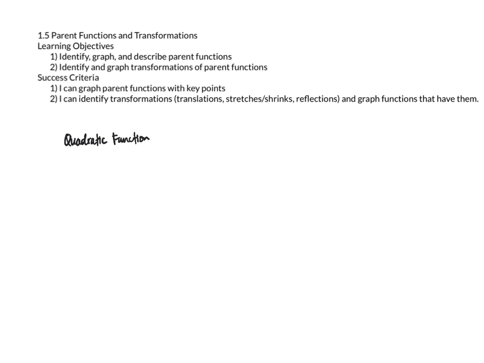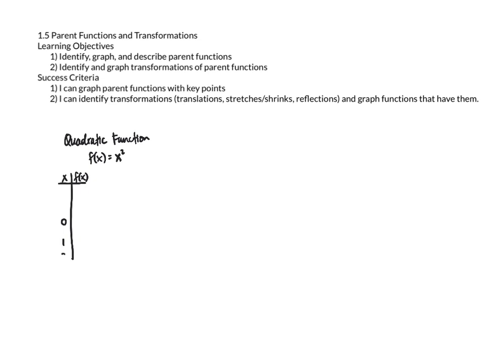So when we talk about a quadratic function, I'm talking about f of x equals x squared. And that's your basic parent function, right? Now, what I want to teach you is that each parent function can be easily graphed with a certain number of points. In the case of a quadratic function, what I want you to pick is 0 as your center point, and I want you to pick 2 points to the right of it and 2 points to the left of it.